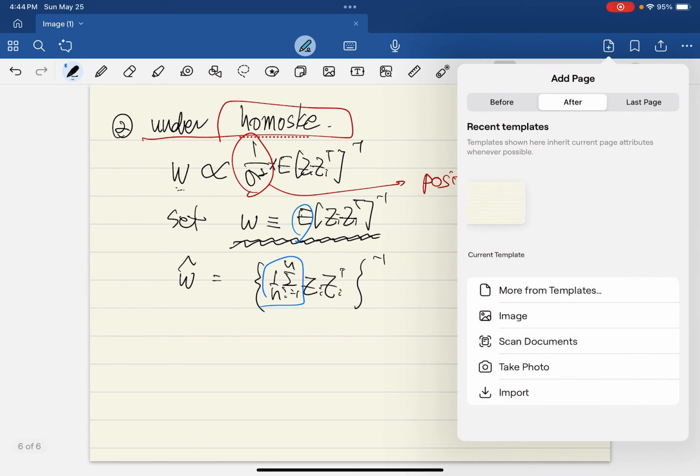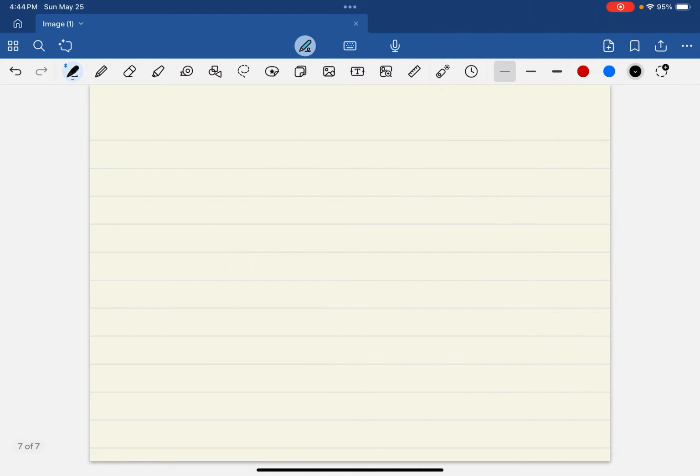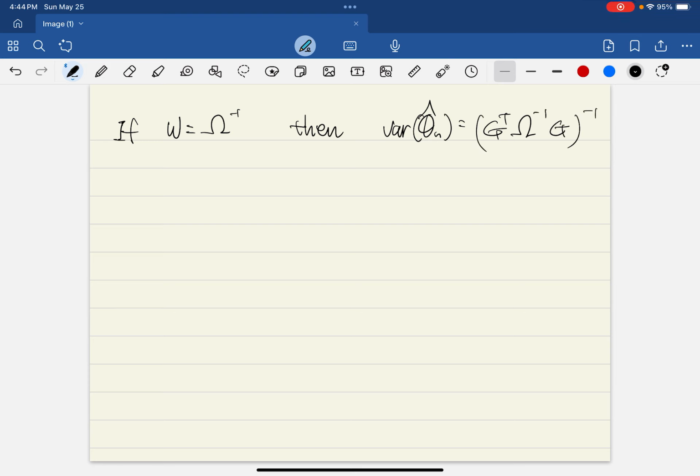Now let's think about the asymptotic variance. It's actually easier. We learned that if W is omega inverse, I'll assume omega inverse, then the asymptotic variance of theta hat is given as (G transpose omega inverse G) total inverse. That is what you have.